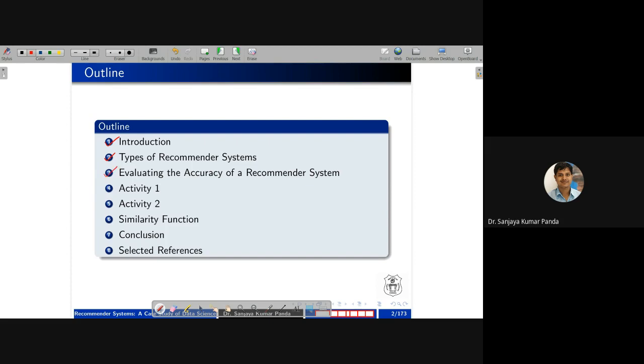Then we'll conduct two different activities, as I said, through Microsoft Excel. I'll show you how to conduct activity 1 in Microsoft Excel, and activity 2 you can practice on your own in a similar fashion as activity 1.